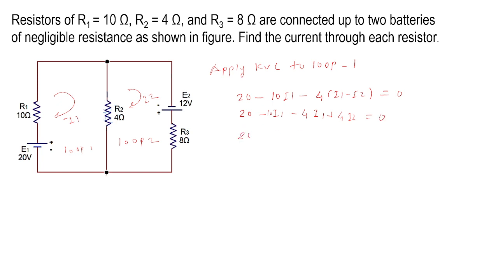So now 10 plus 4, that is how much? 14 I1. So it will be minus 14 I1 plus 4 I2 is equal to minus 20. This is the equation number 1. Okay, I hope it is clear how we have found the equation number 1.